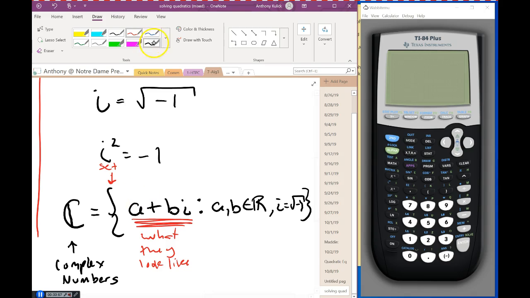Now you might ask yourself, okay, what the heck are a and b? Well, here I tell you, a and b, this symbol here, this curvy looking E, is a symbol that means members of. And this R with the double bar on it is the name for the set of real numbers.